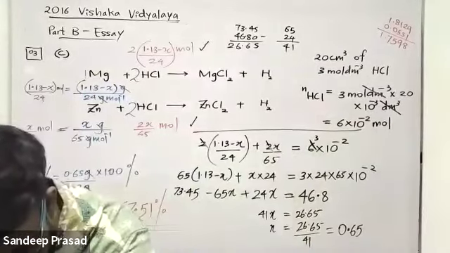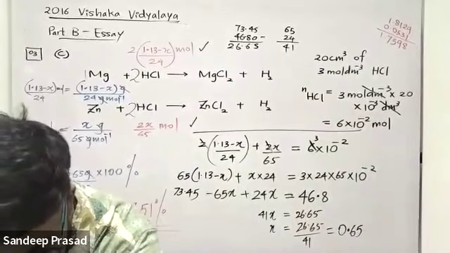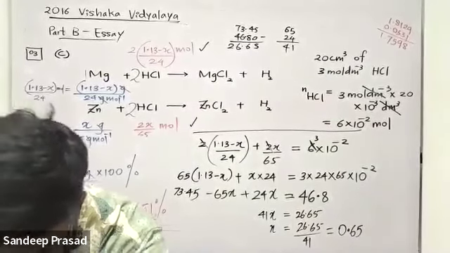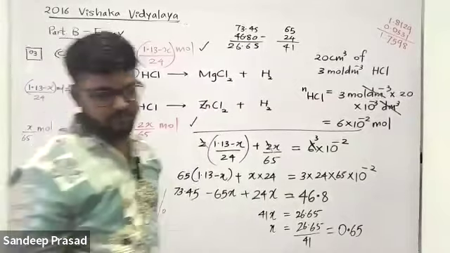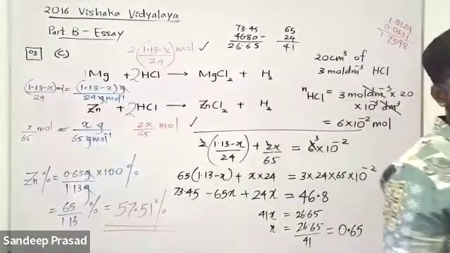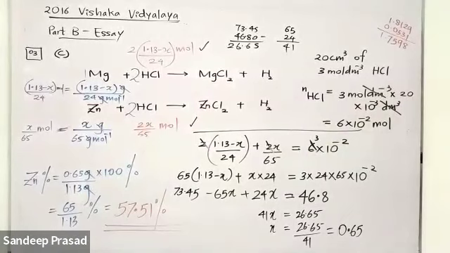So this is the answer for zinc percentage. Yeah, 57.5152. There you go. So in the sample which is containing magnesium and zinc, the percentage by zinc percentage by mass is 57.51. Yes, that is the answer.